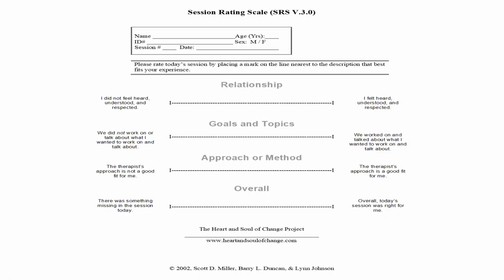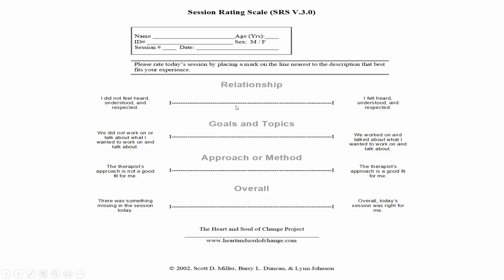And it's not the worst thing to have a hash mark down here. This means that they feel comfortable enough with you to let you know that they didn't feel completely heard, understood, respected. And then you can open up that dialogue and get some input as far as that.